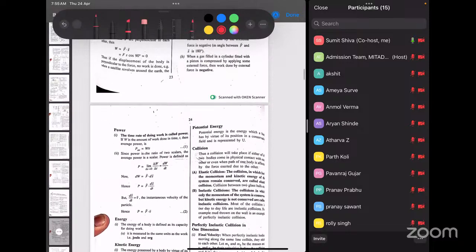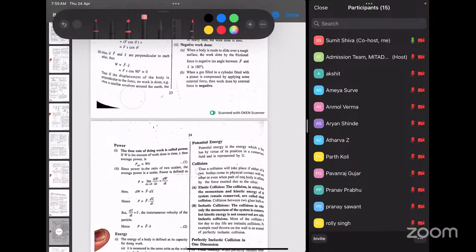There is a relation between joule and erg. 1 joule is equal to how much erg? 1 joule is equal to 10 raised to power 7 erg, and 1 Newton is equal to 10 raised to power 5 dyne. You must remember it.